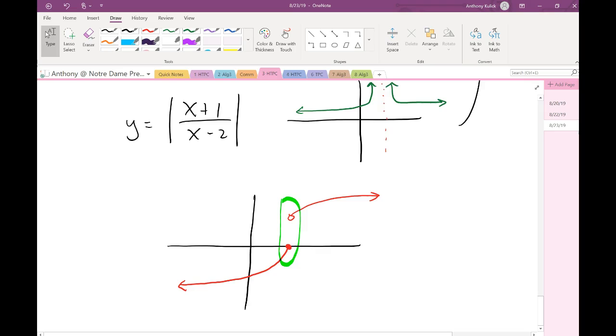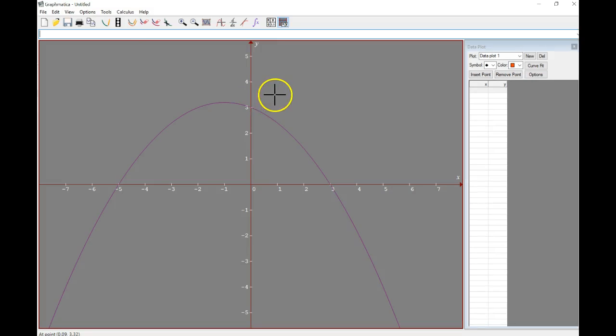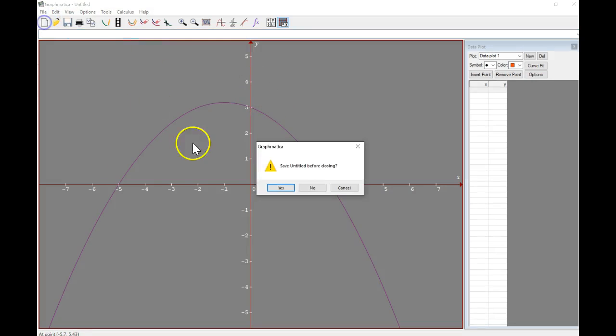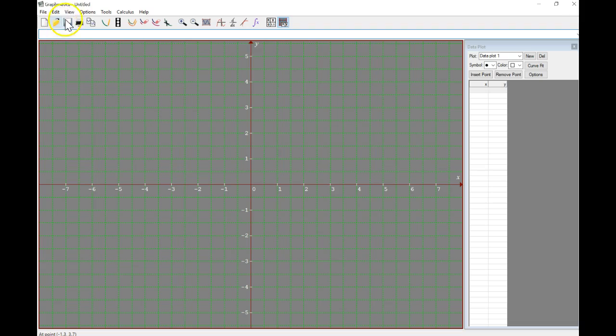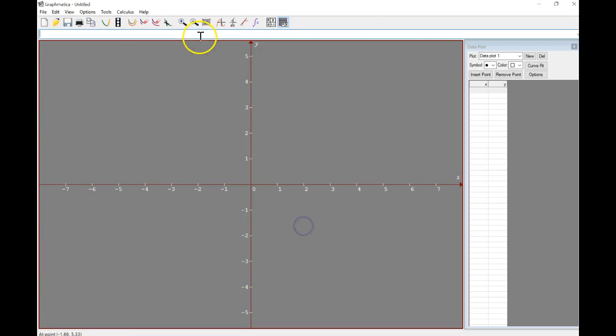So let's just look at a couple of examples that we'll graph ourselves. I'm going to probably graph these in Graphmatica because it does a little bit of a neater job than maybe the graphing calculator simulator does. But if you want to graph this stuff that we're going to look at the examples from on your graphing calculator as well, you're more than welcome to do this.